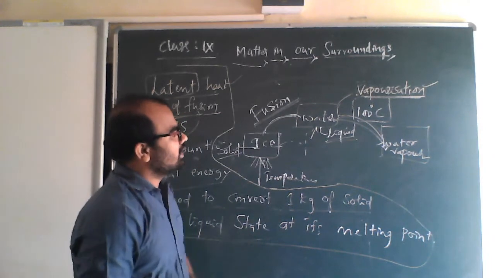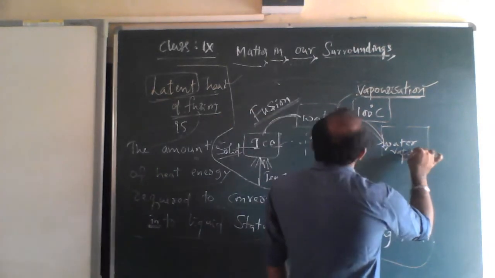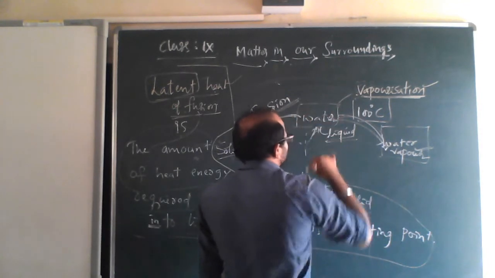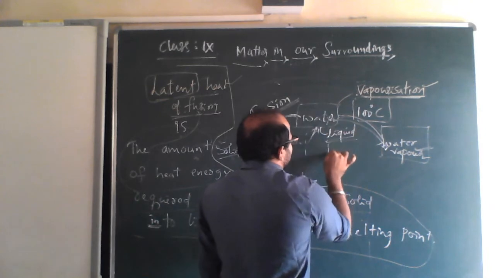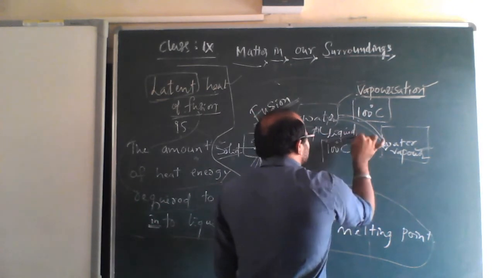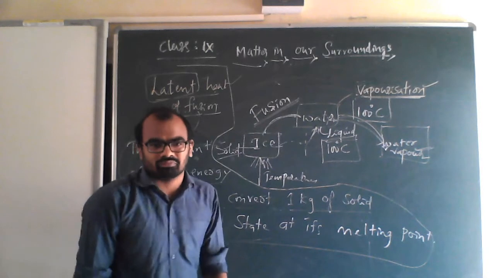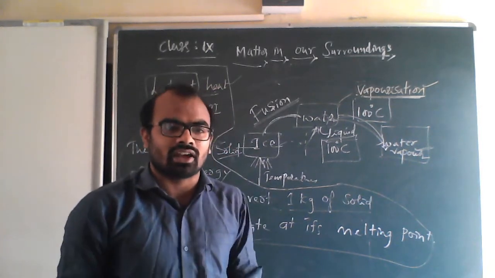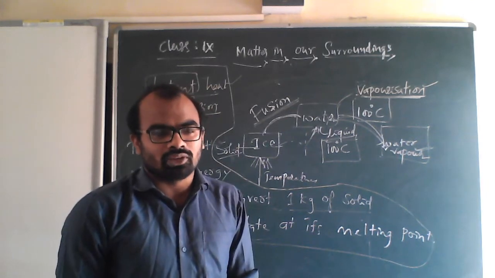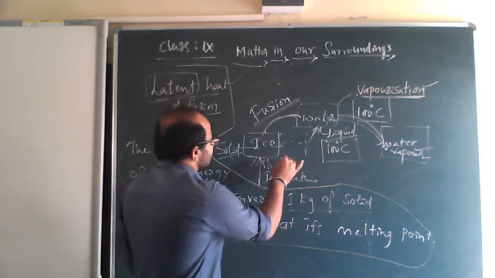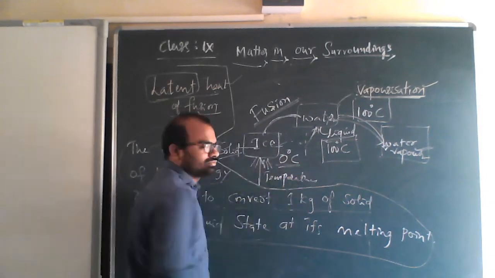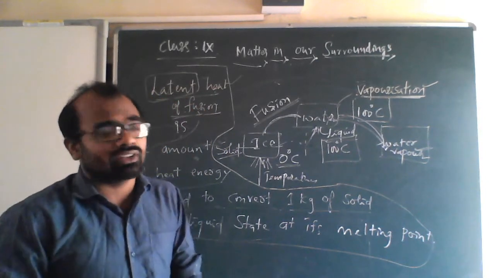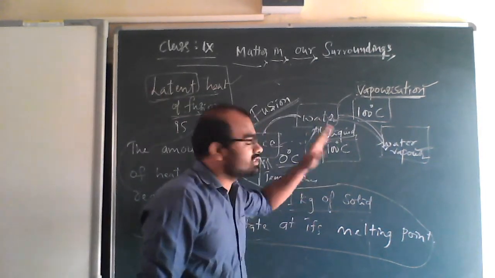Here also one thing will come: when you give more heat to water at 100 degrees Celsius, there will not be any increase in its temperature. Again, same thing. There will not be any increase in temperature at 100 degrees Celsius, its boiling point. 0 degrees Celsius is its melting point, whereas 100 degrees Celsius is its boiling point.